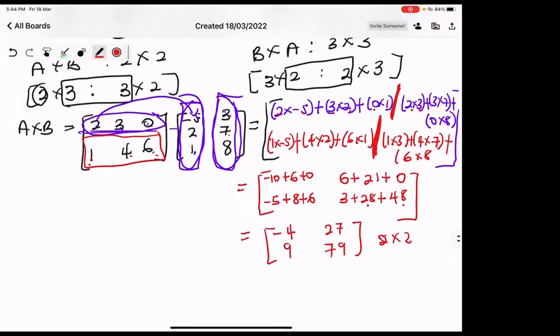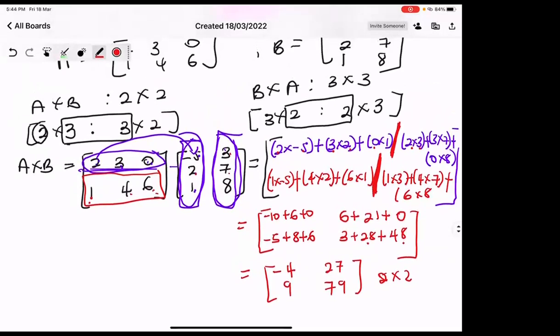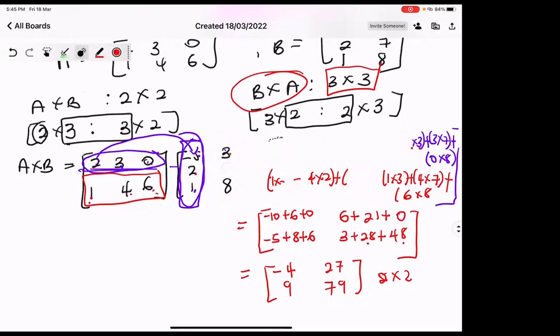Now, if we are to switch it around and find B times A, we can see that the dimension of the resulting matrix that we should expect is a 3 by 3 matrix. So let me clean this side.